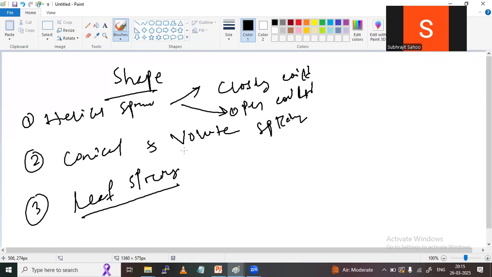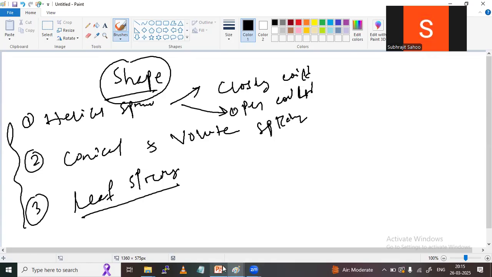So these are the several types of spring. Based on the shape of the spring we classified. So we can classify it into several different categories also. So these are very, very important. Frequently we are using this kind of springs, right?